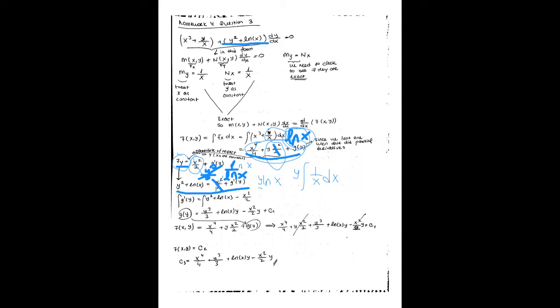No more ln x, right? Because on both sides of the equation you have ln x, that cancels out. And then it's just y squared. Then we don't have this.